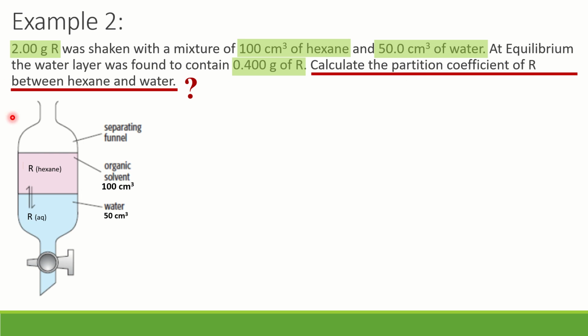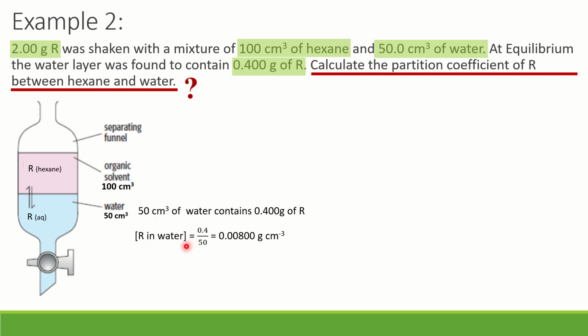Here I have the diagram. You can see here R is your solute, which is in hexane, and then here you have R in aqueous water. Make sure that these two solvents, hexane and aqueous water, are immiscible. Given in the data, you have 0.4 grams of R in your water. Therefore, you can find the concentration.